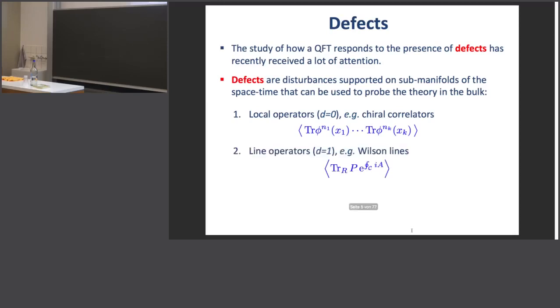A one-dimensional generalization is that of line operators, for example, Wilson lines or 't Hooft lines, which also are very useful to discuss properties of gauge theories.